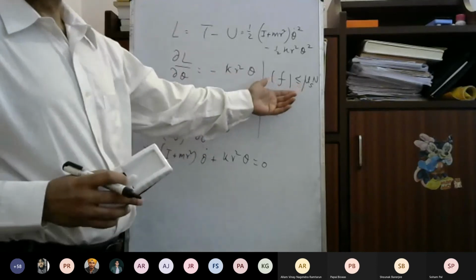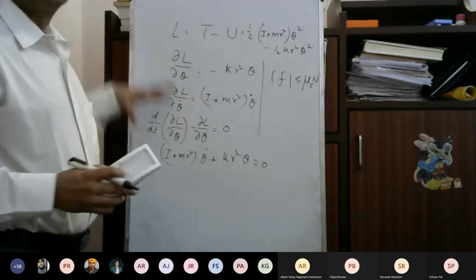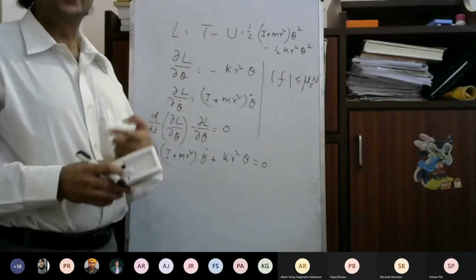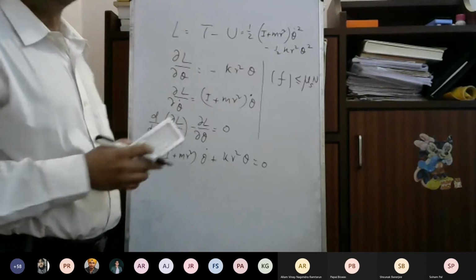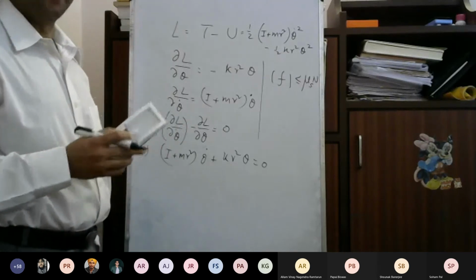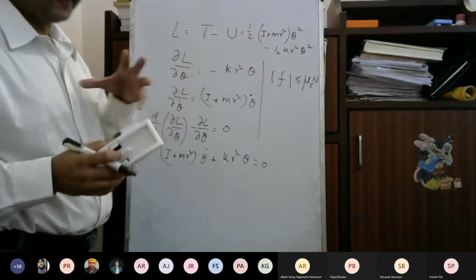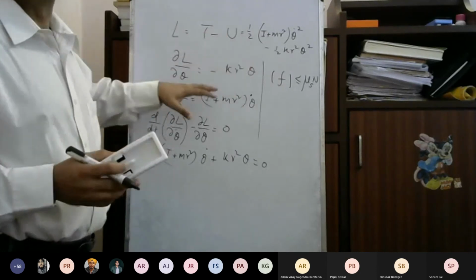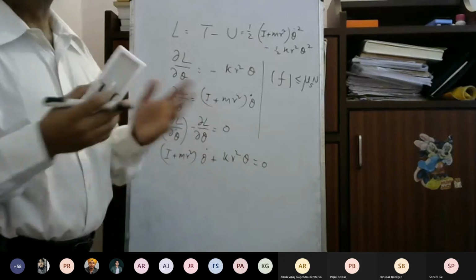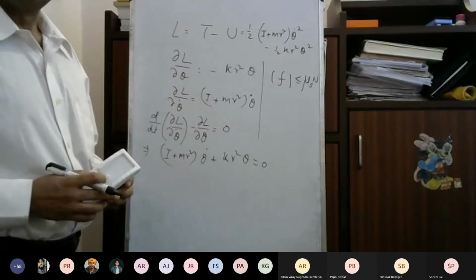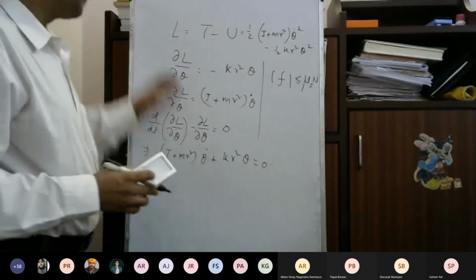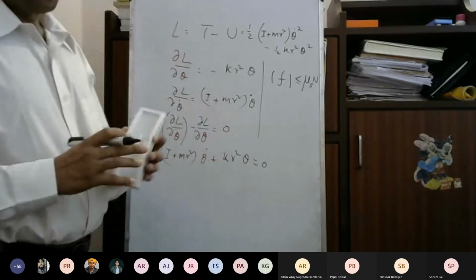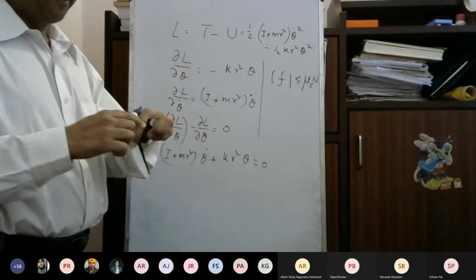But as soon as slip takes place, this method does not work, because our starting point was that the constraint is ideal. The ideal nature does not hold if there is friction and slip between the roller and the ground. Then this method will not work, and we have to revert back to Newton's laws. I'll talk about this later.